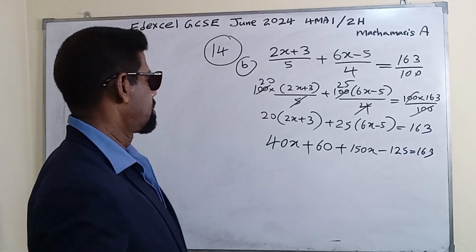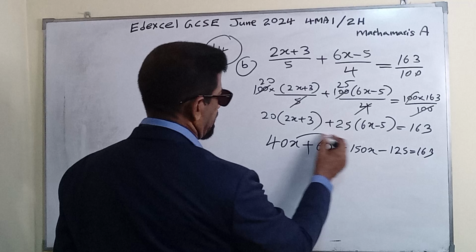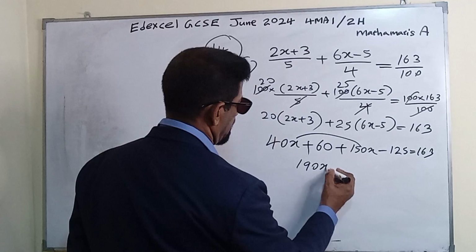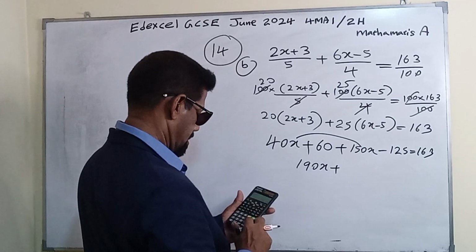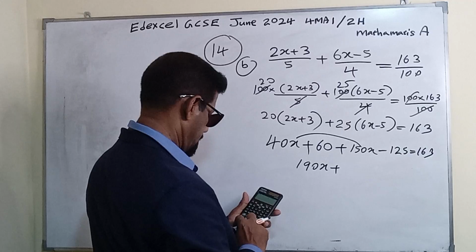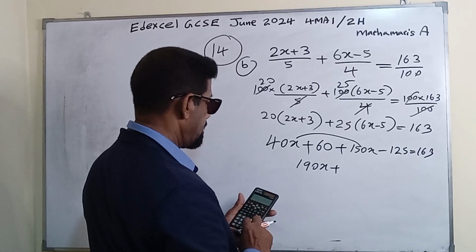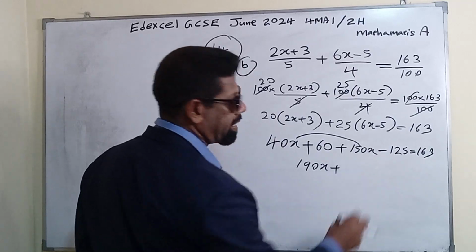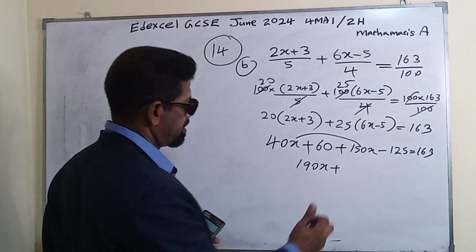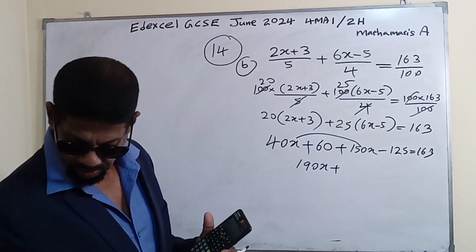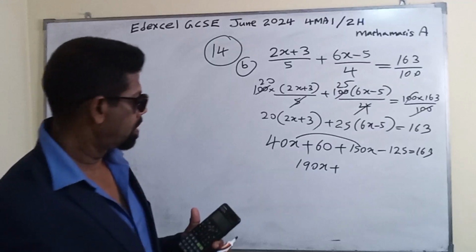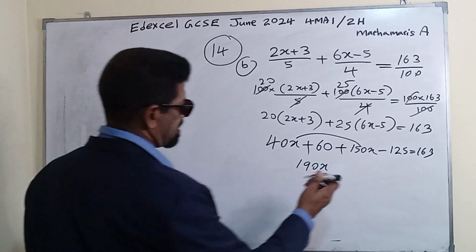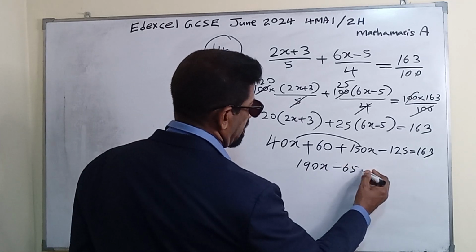Okay, so simplify these like terms: 190x plus 60 minus 125. That is minus 65, so 190x minus 65 equals 160.